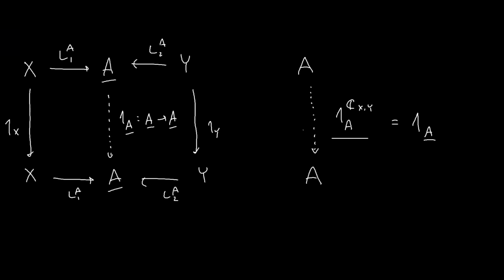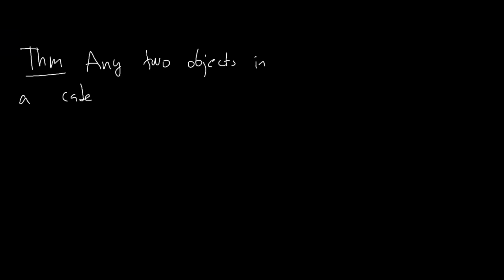And in this category CXY, we can apply the following general theorem. Any two initial objects in a category are isomorphic. So now I'm coming back to your original question, Aquatis, about the usefulness of what we're doing.